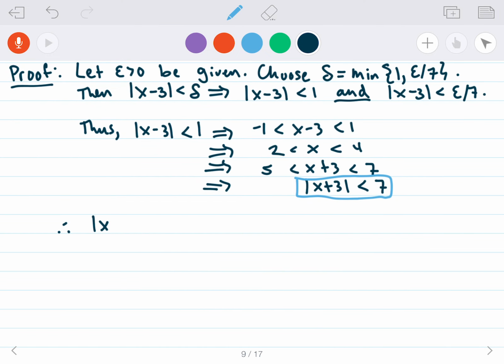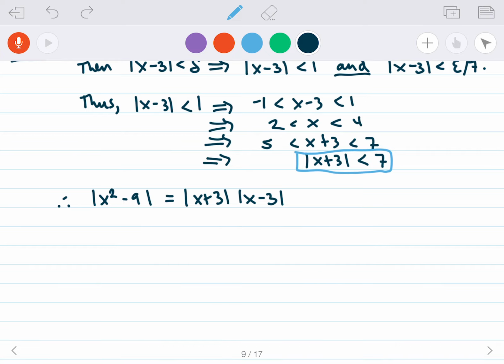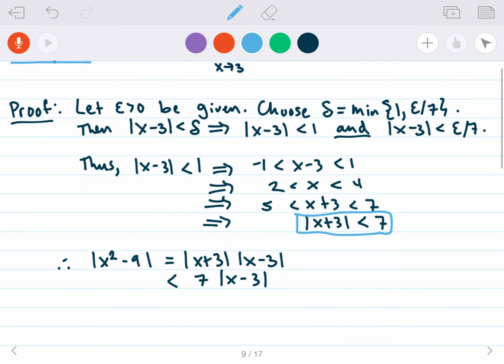Therefore, remember, we're trying to show that this thing is less than epsilon. This thing equals x plus 3 times x minus 3. And we just said x plus 3 is less than 7. So this means that this is going to be less than 7 times absolute x minus 3. And so we dealt with this inequality already, but now we deal with the other inequality that's true, that tells us that absolute x minus 3 is less than epsilon over 7.